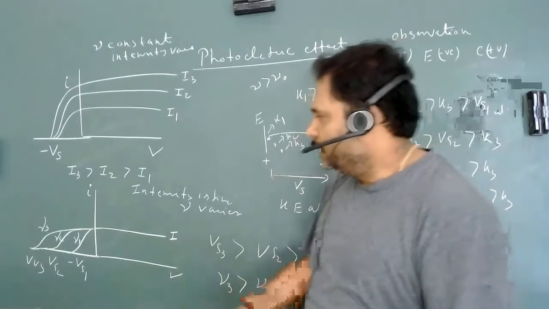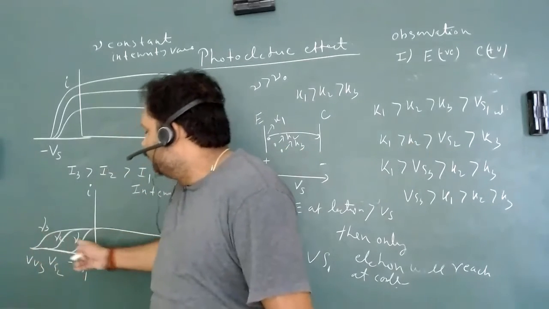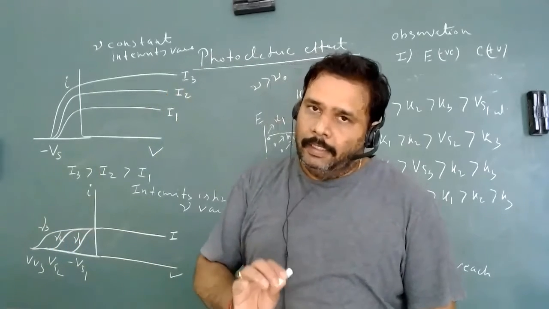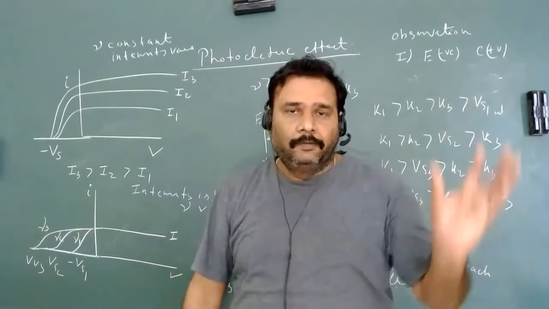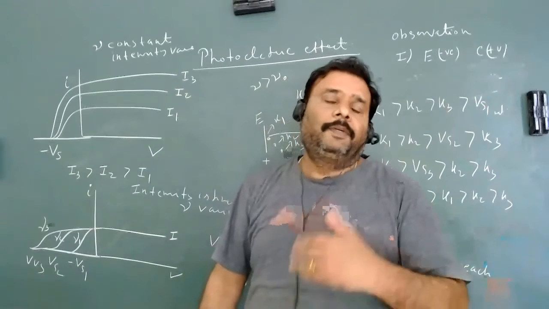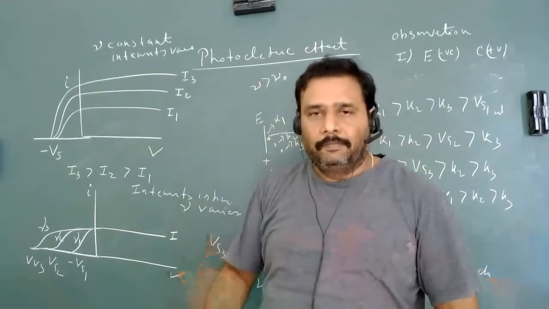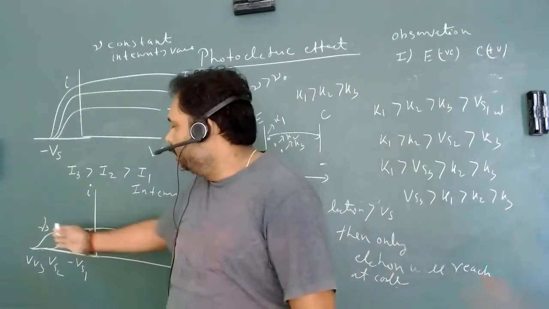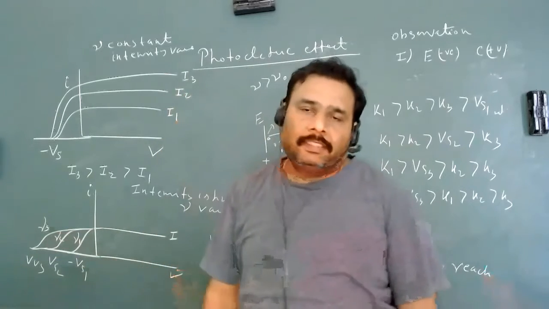And what we have seen is that this stopping potential is actually dependent on frequency. But earlier we thought that light is a wave, and for a wave, this energy must depend on intensity, that is, on amplitude. But here we have seen that the energy depends on this particular frequency.